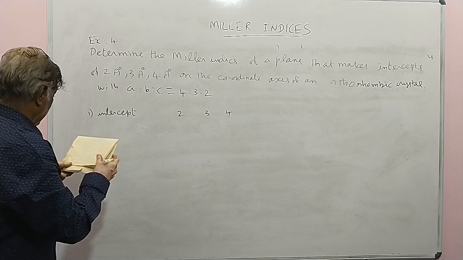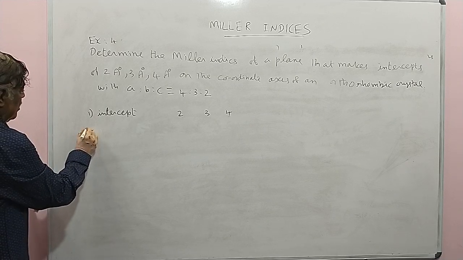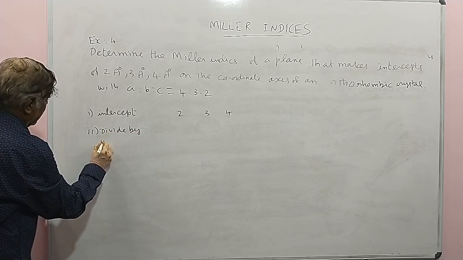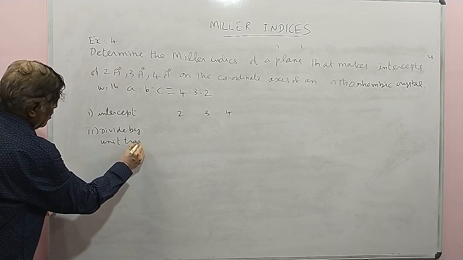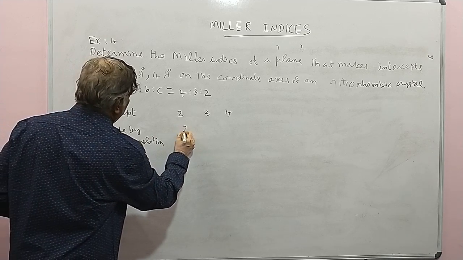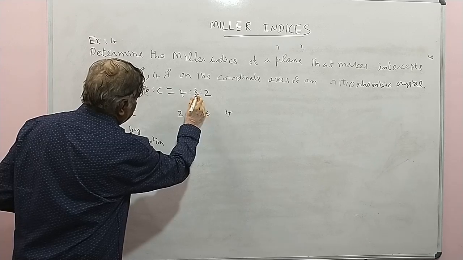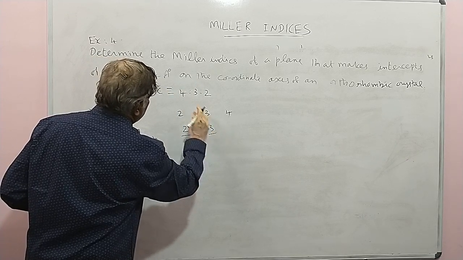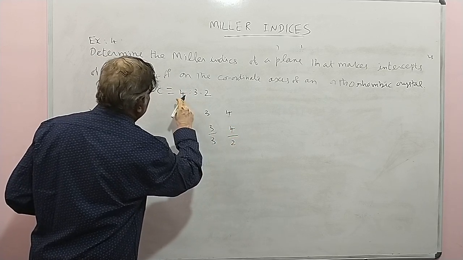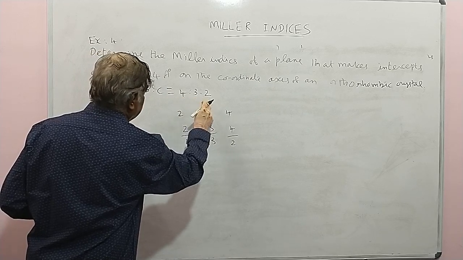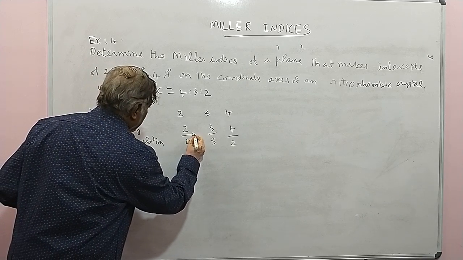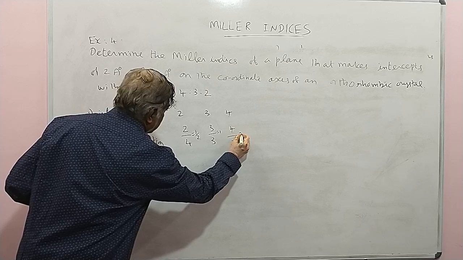Then the second step is divide by unit translation. So this is 2 divided by 4, here 3 divided by 3, and here 4 divided by 2. A is to B is to C are given as 4 is to 3 is to 2, so you have to divide by this. So this is equal to half, this is equal to 1, this is equal to 2.